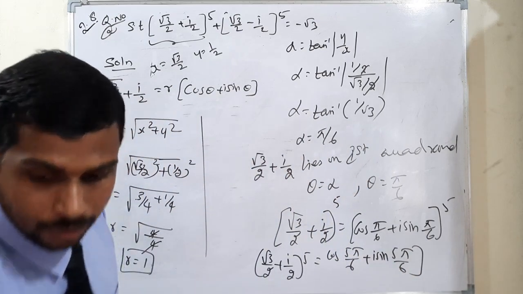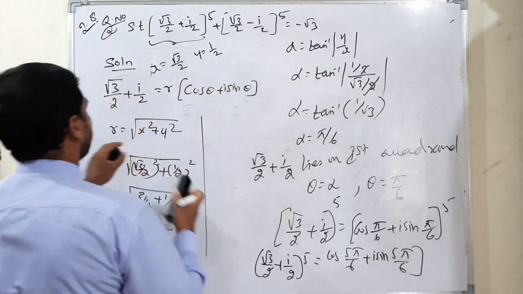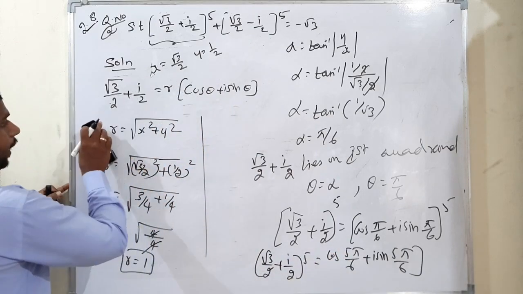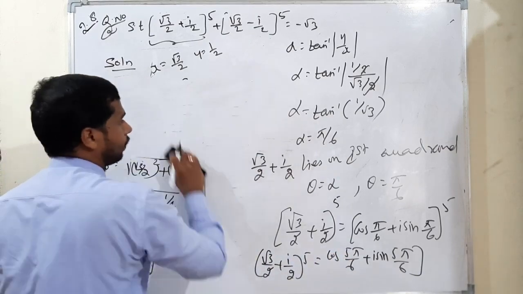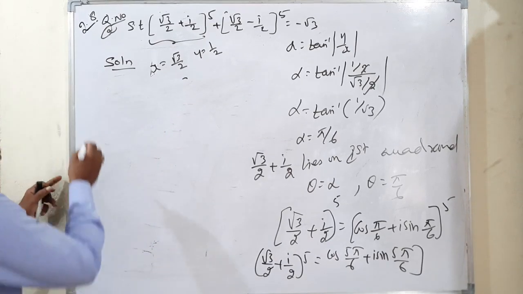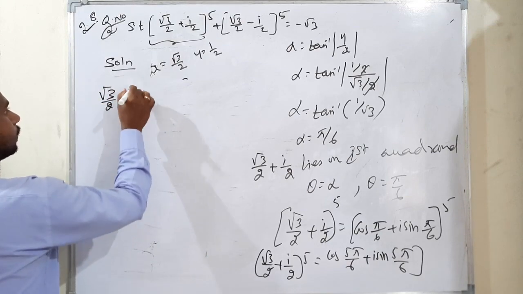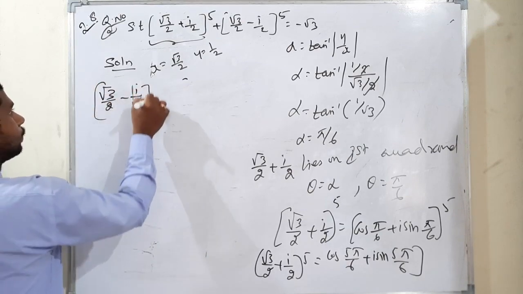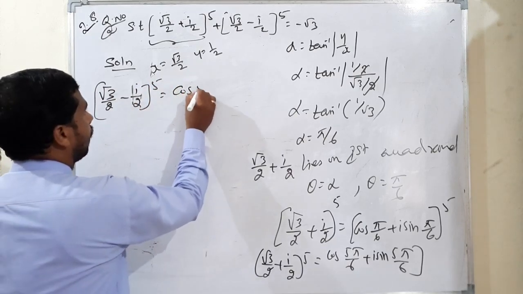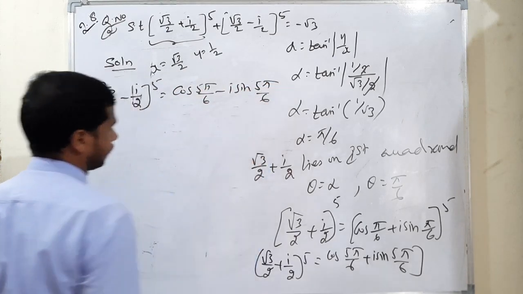This is the first term. But the second term we also need, where instead of plus it is given as minus. How do we rearrange it? Simple. Instead of plus we just write minus. So (root 3 by 2 minus i by 2) the whole power of 5 is equal to cos 5 pi by 6 minus i sin 5 pi by 6.